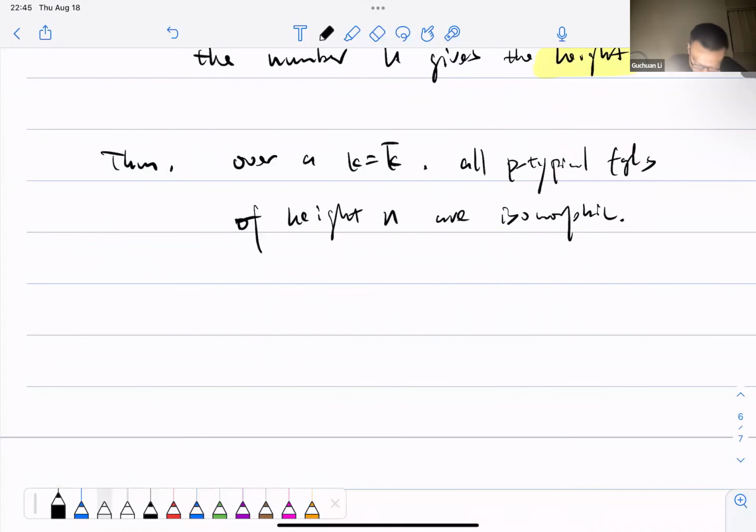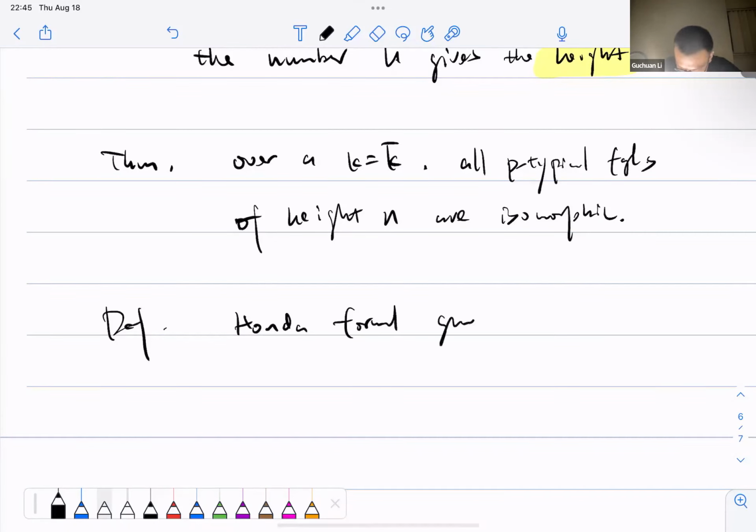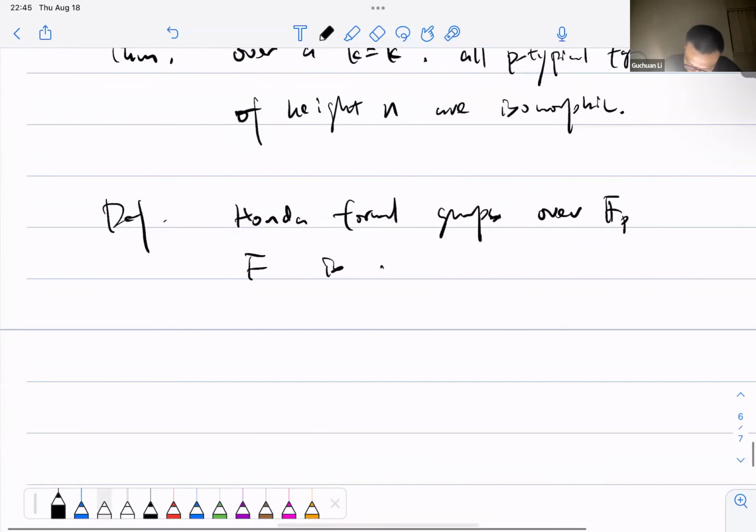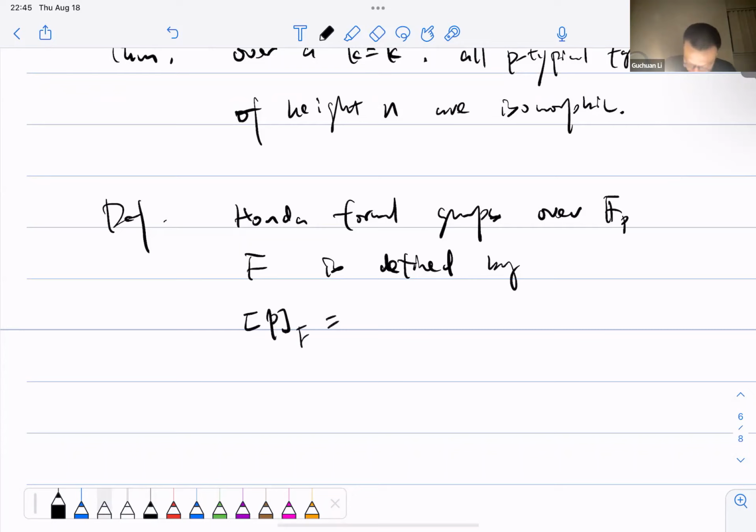And just by definition, I can pick a very easy one, which is called the Honda formal group. It's originally defined over F_p, but in many cases, you can extend the coefficients to F_p bar or F_p to the power n as you want. The feature of this formal group is that it is defined by the following formula. The p series for the Honda formal group law is just x to the p to the n. That's it. By definition, this one has height n.